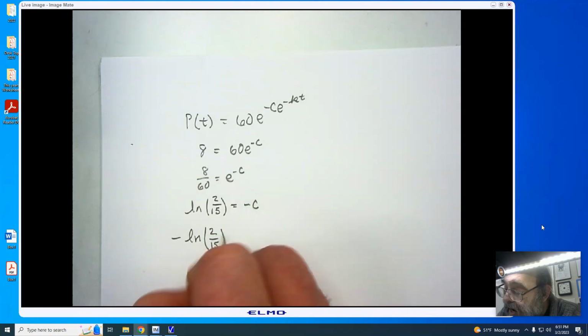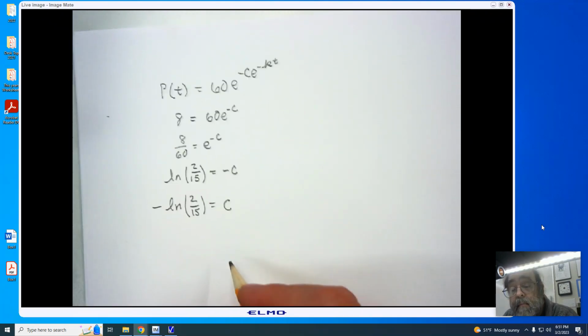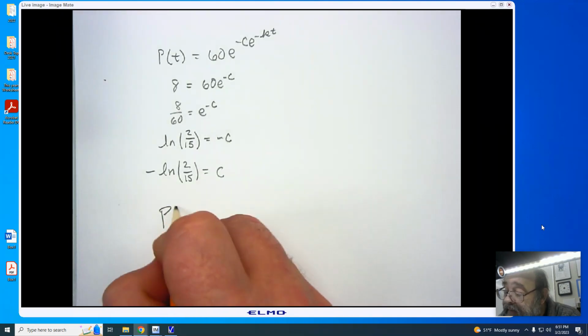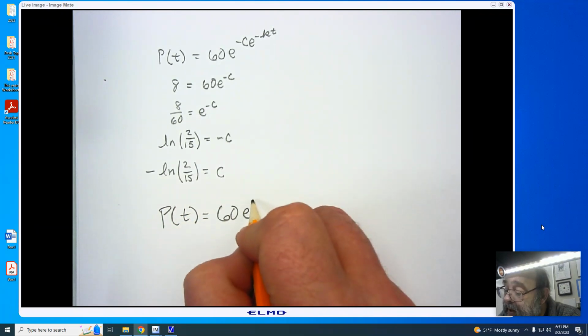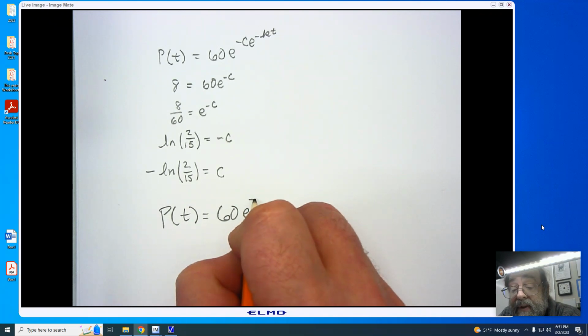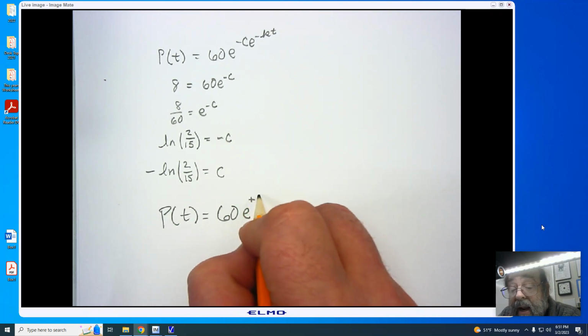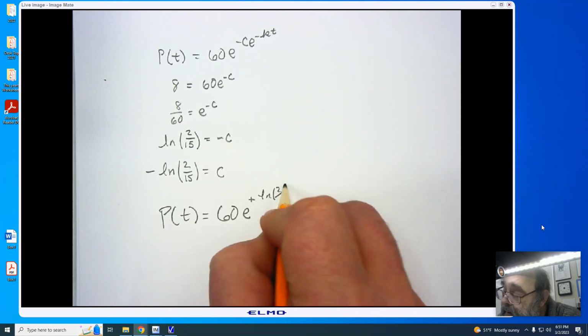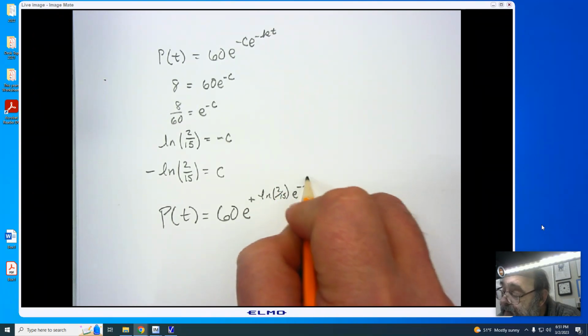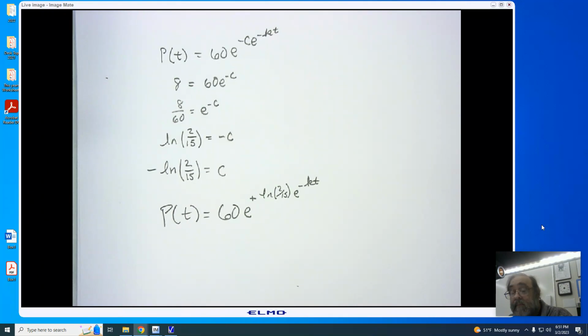It's easy to make a mistake if you're not careful. Alrighty, here we go. P of t is equal to now 60e to the negative, double negative is going to make it a positive, and I have the natural log of 2/15 times e to the negative kt.